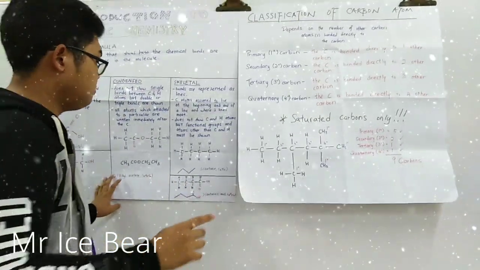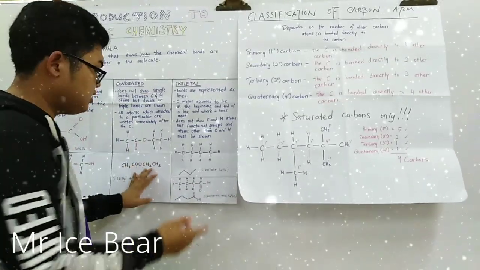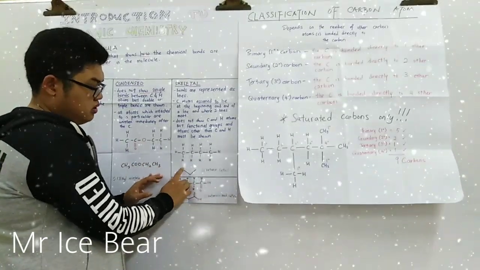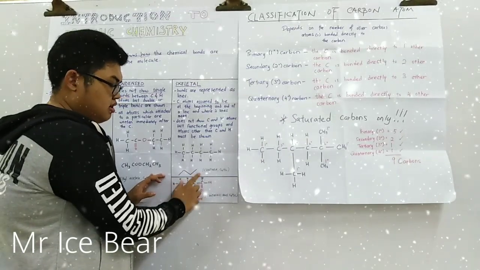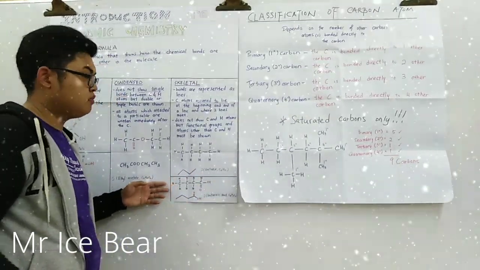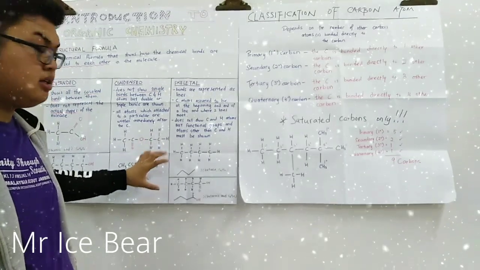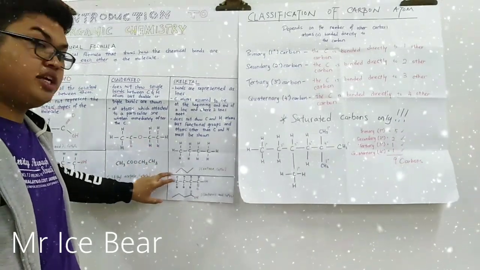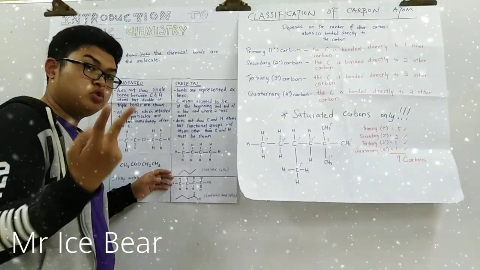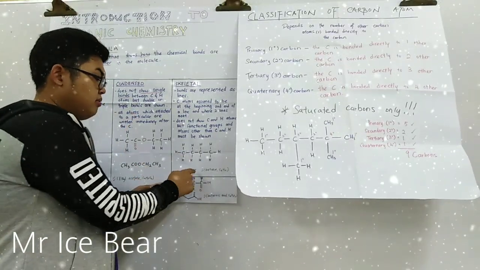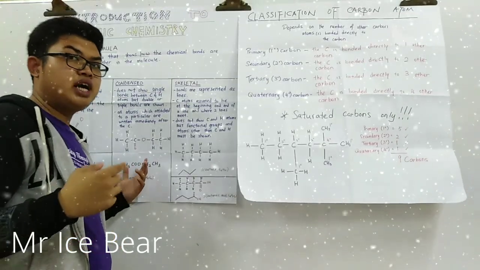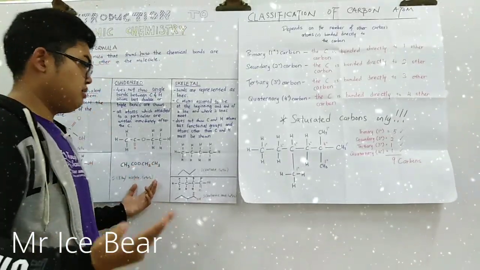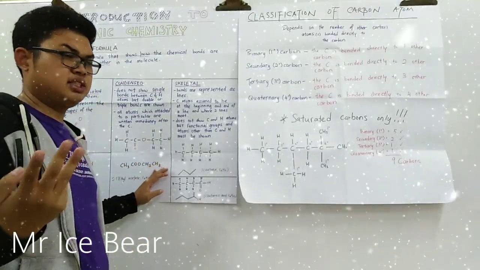How do you know whether it's correct? 1 carbon, 2 carbon, 3 carbon, 4 carbon, so there are a total of 4 carbons. But how do you put the hydrogens? At the edges you put 2 maximum, and at the beginning and the end of the carbon chain you put 3 hydrogens, because the maximum you can put is 3 hydrogens.